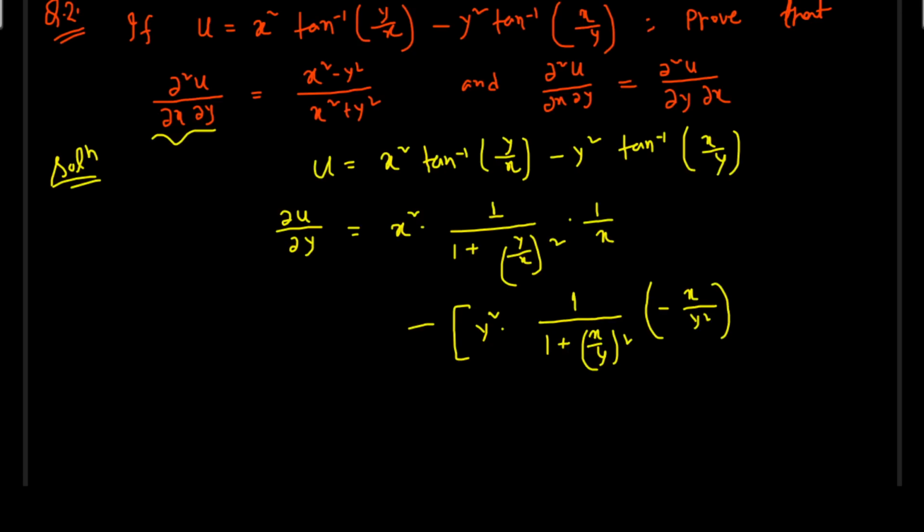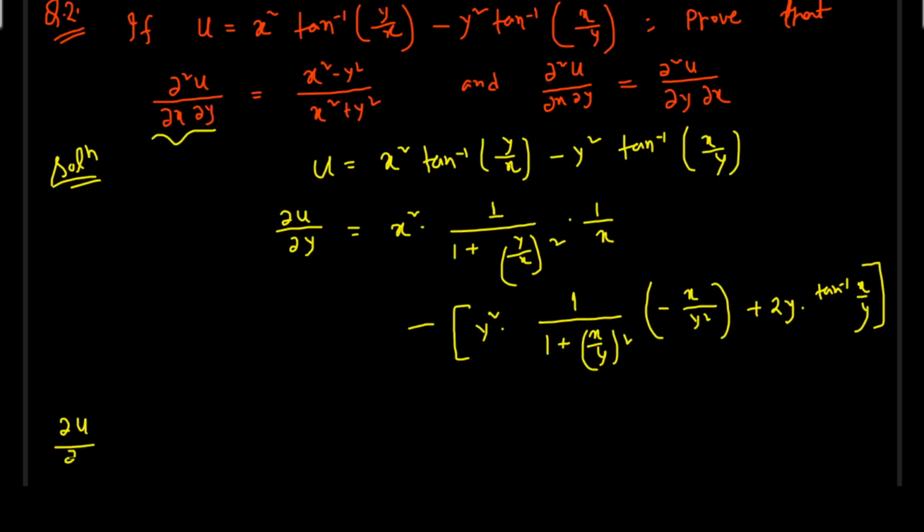And then plus the differentiation of y square, that will be 2y, into tan inverse x by y. Okay, so this will be the result.